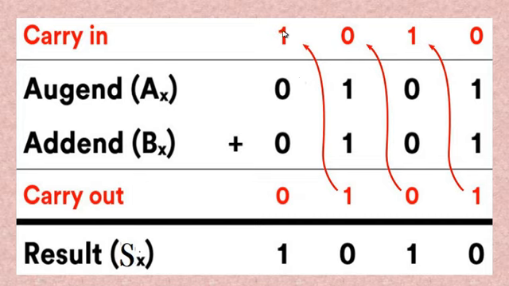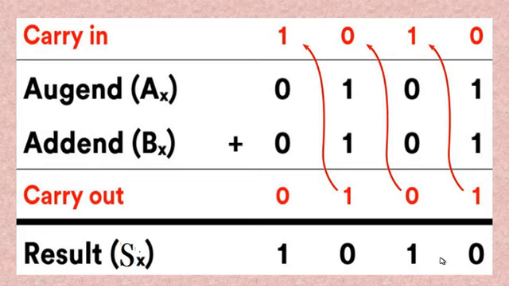Carry out is taken as a carry in for MSB addition, and this carry in 1 plus 0 is equal to 1. So there is no carry out, therefore carry out is 0 and this sum 1 is written here. So we can say that 0101 plus 0101 is equal to 1010.